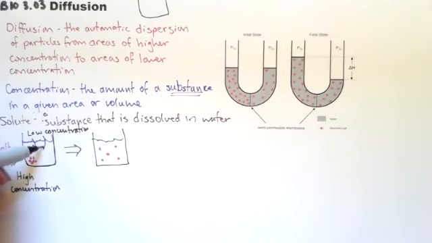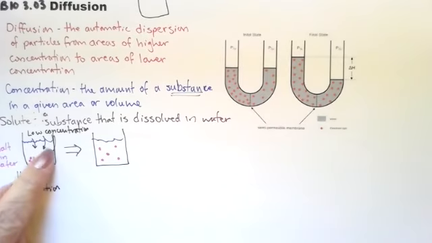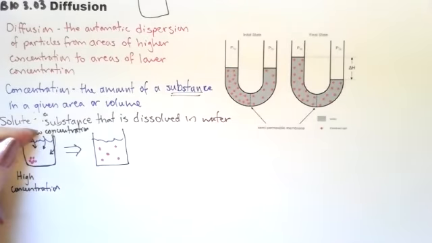All of this, where I don't have any salt, is low concentration. So the salt moved from an area of high concentration to low concentration, just like the air freshener did. Guys, this is diffusion. But to get this to work, we have to have a difference in concentration. So here I have high, here I have low.